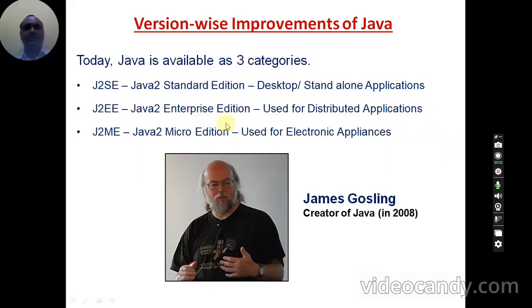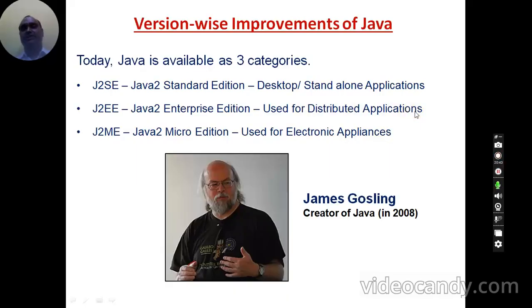And J2EE, where EE stands for Enterprise Edition. This is used by corporate companies for developing complex applications, and these applications may run on different computer systems at the same time, so they are called distributed applications.